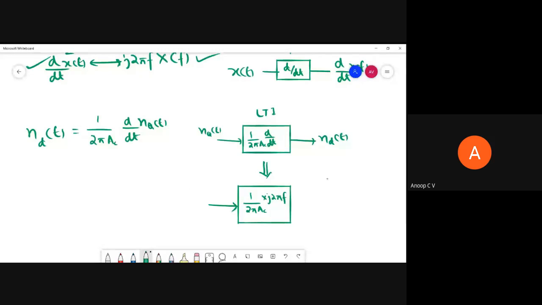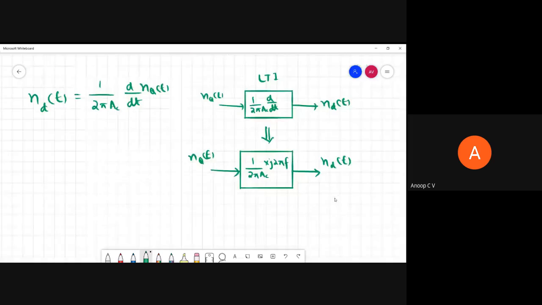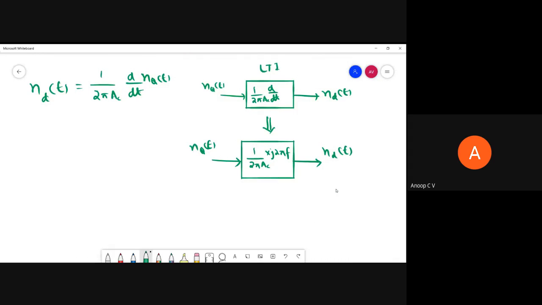So if you give nq of t to some system which has a transfer function like this, you will get nd of t, right? Now what is this transfer function? We can simplify it further. This 2 pi and 2 pi will get cancelled, so what we have is jf by ac.